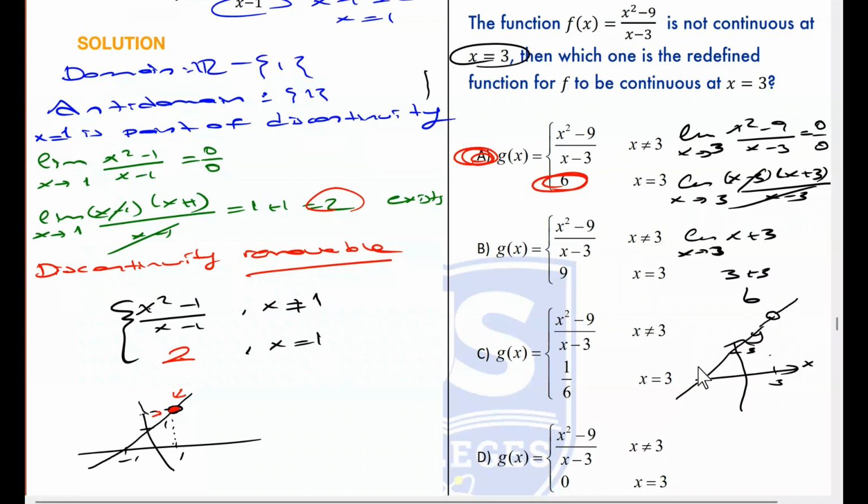This is a discontinuous function. There is a hole. To fill this hole, I just need to redefine the function as a piecewise function so that the value of the function at this point is the same as the value of the limit, which is 6. Okay, when I fill it, the graph is smooth. It is a continuous function.